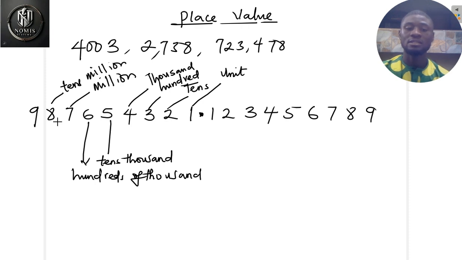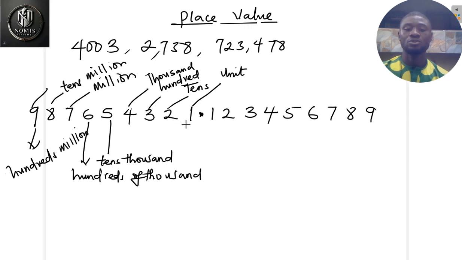This 8 is tens of million, so 80-something million. This next one, the place value is hundreds of million, 100 million. If I want to pronounce this, I will say 987,654,321. You can see it now.